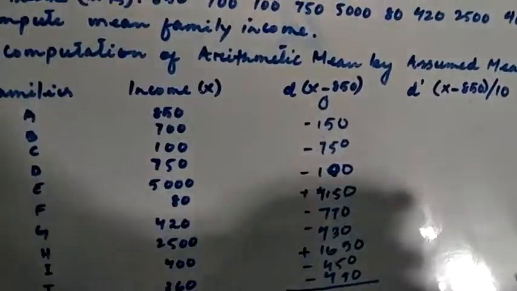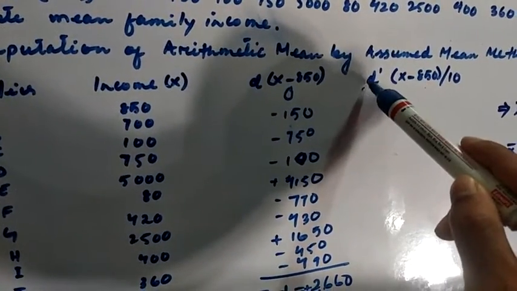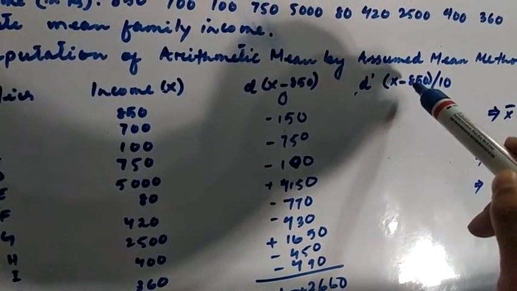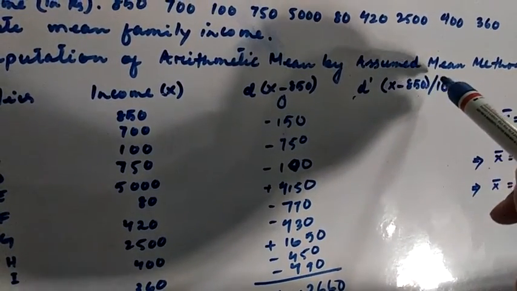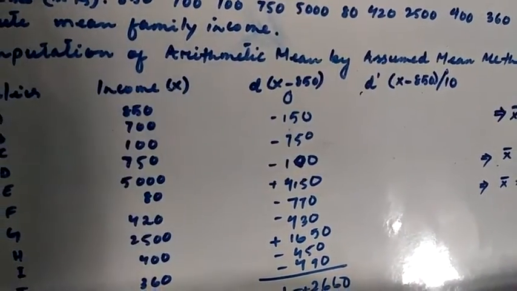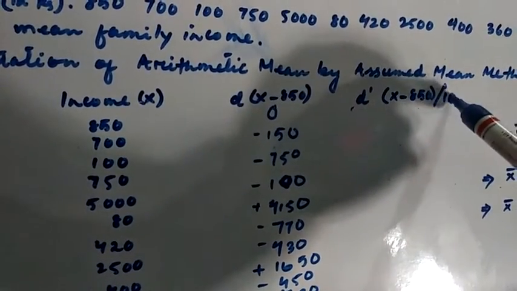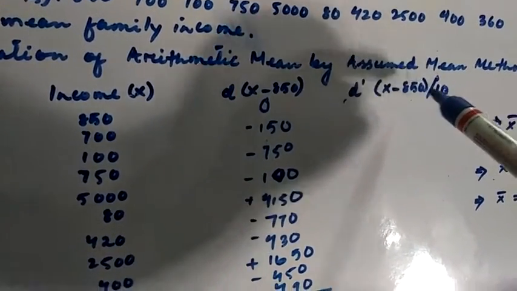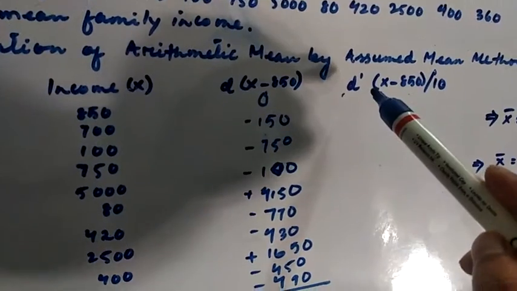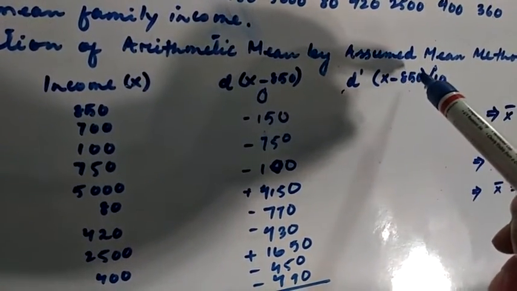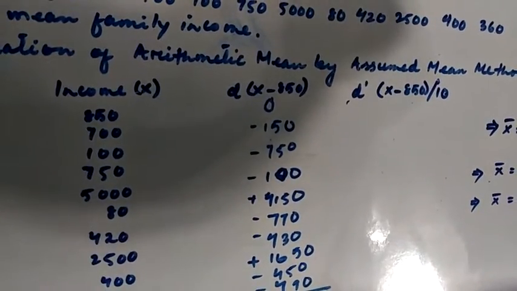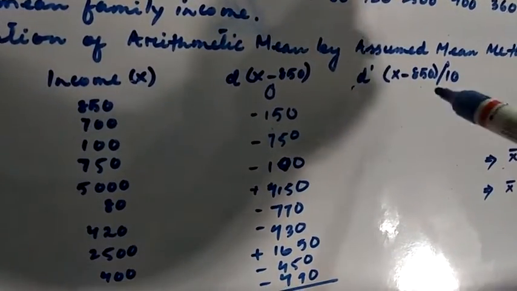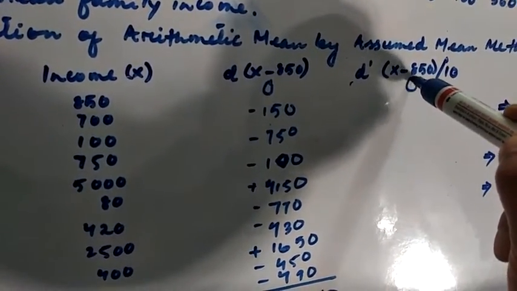To find out d dash, it is given here: X minus 850, this is our assumed mean, divided by the number of observations, that is 10. So that is how we find out d dash. X minus our assumed mean divided by the number of observations, and here the value is 0.